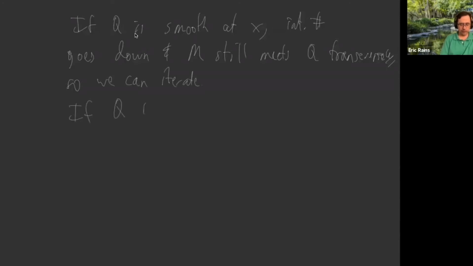If Q is not smooth, so if Q is singular at X, then we may have a problem. Because when we blow up a point of Q, the multiplicity of the exceptional curve in the blow up, in the pre-image at least, is the multiplicity of the point being blown up.